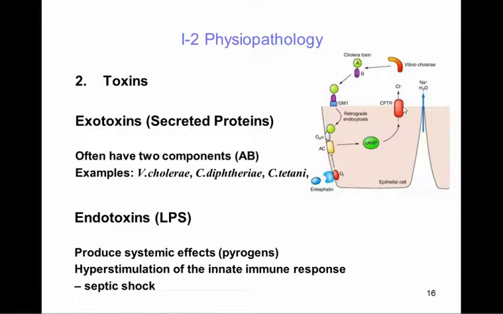They provoke systemic effects, because they are detected by elements of the immune system. So endotoxins from different gram-negative pathogens will all have a similar effect on the system.